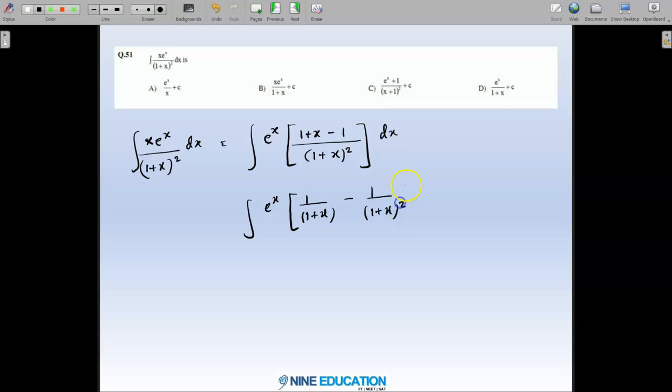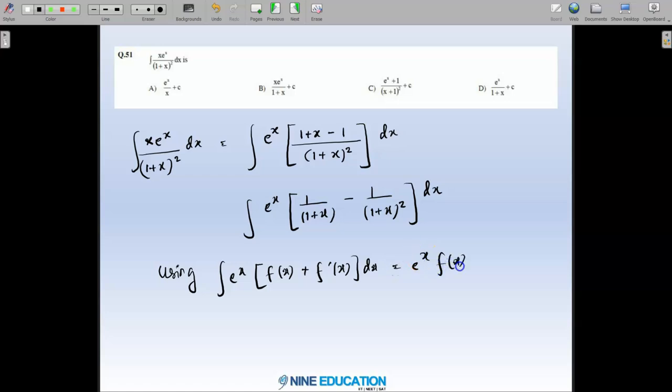x) whole square] dx. Now using this property, integration e power x [f(x) plus f dash of x] dx equals e power x f(x) plus some constant c, can I say that the answer for this integral will be e power x divided by 1 plus x plus some constant c?